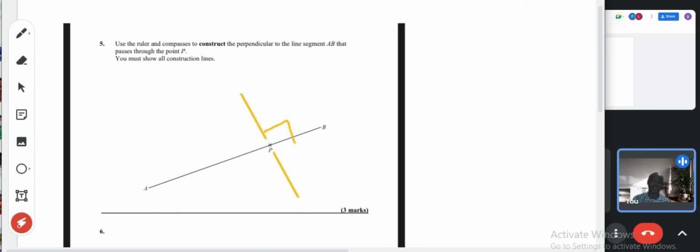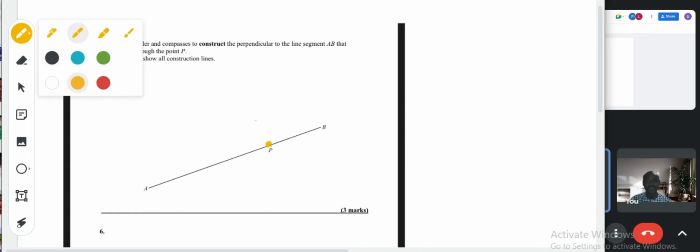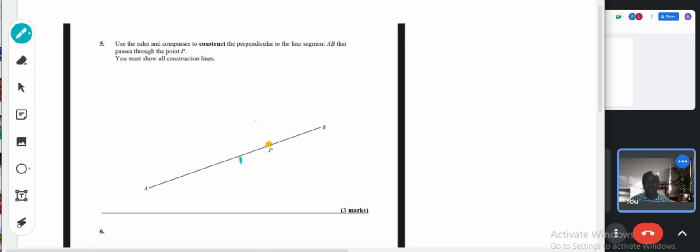Is that understood? Okay, so how do we do that? Let's go to the work. This is what you do. Start from that point P given. Draw a semicircle like this.